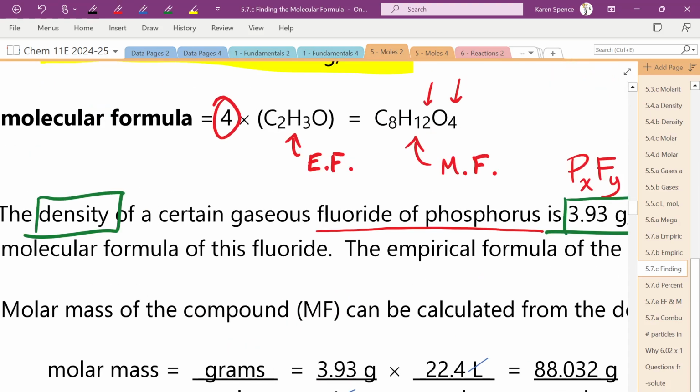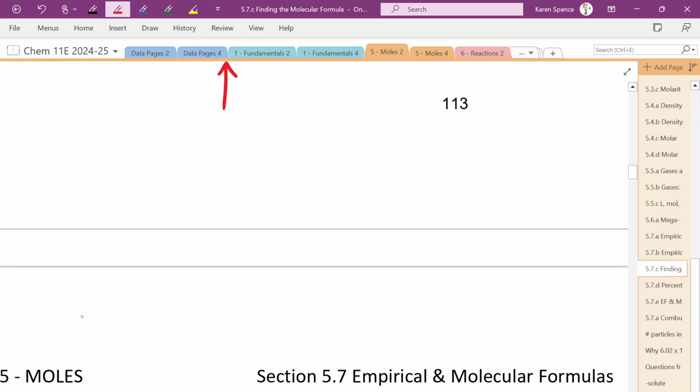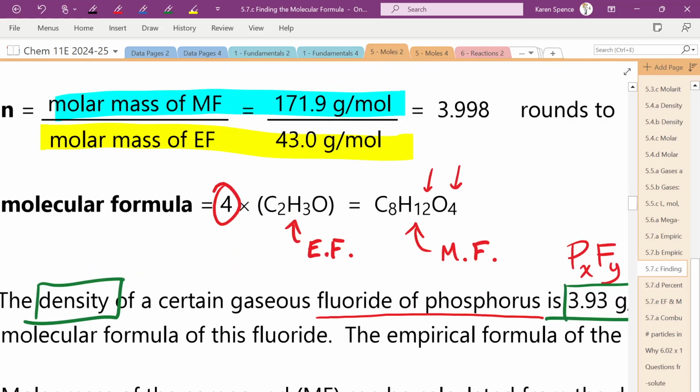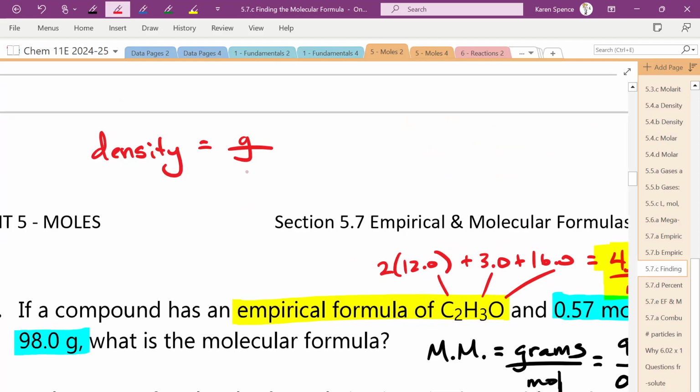Now, how do we find molar mass given density of a gas at STP? So our density, I'm just going to go up here. Density is given in grams per liter. And we want to find the molar mass, which is in, what's the unit of molar mass?